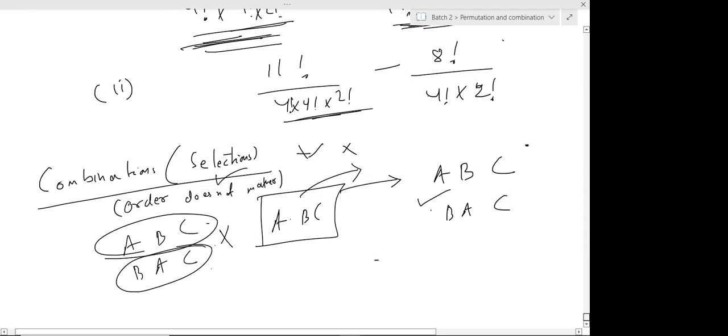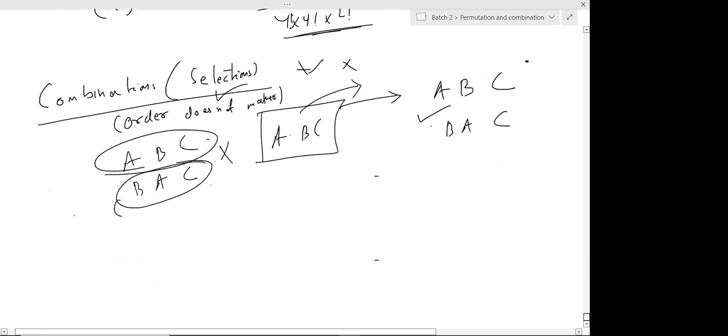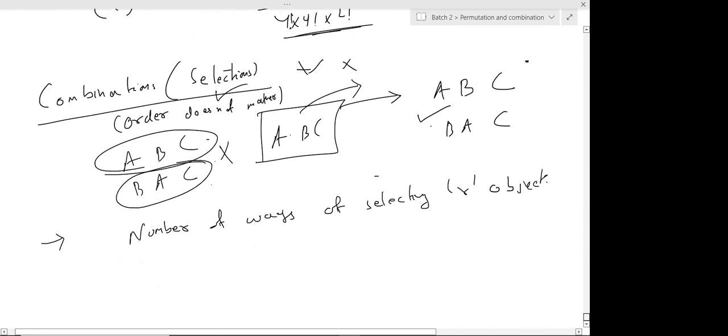Okay. Write it down. Number of ways of selecting r objects out of n available objects is nCr.